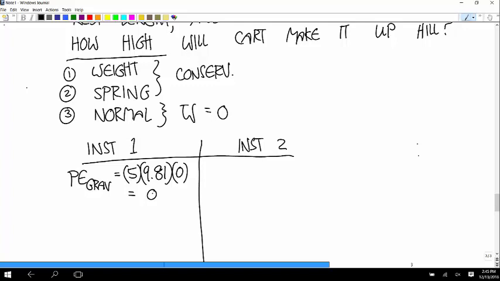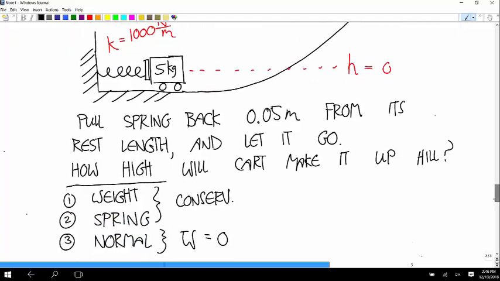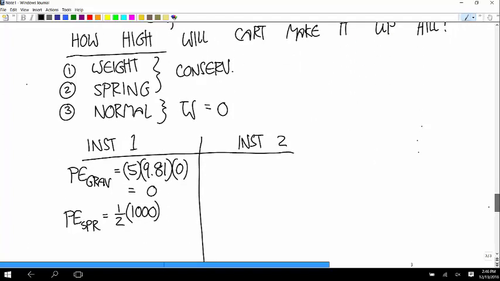5 kilograms. And then the potential energy of the spring at instant 1 is 1/2 times the spring stiffness, and I gave that as 1,000, times how far the spring is stretched or compressed from its resting length, and I gave that as 5 centimeters, squared, so 0.05 squared.